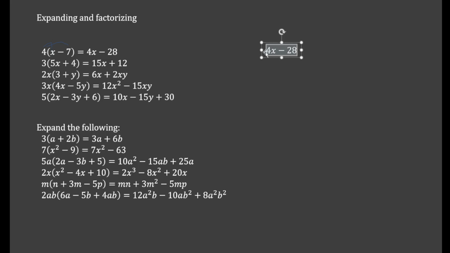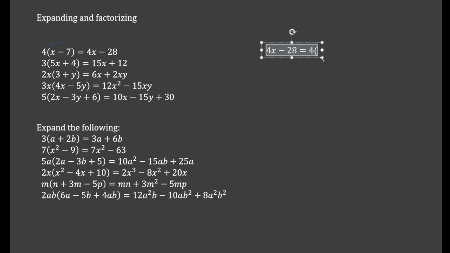So in this situation, 4 is a factor of 4x because this is being multiplied. And 4 is a factor of 28 because 28 is a multiple of 4. So we can factorize both 4x and 28 with 4.